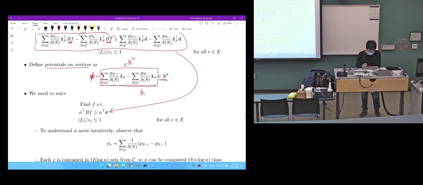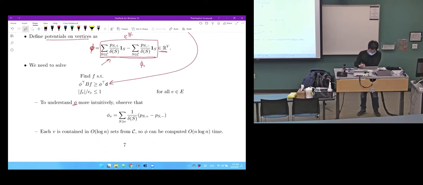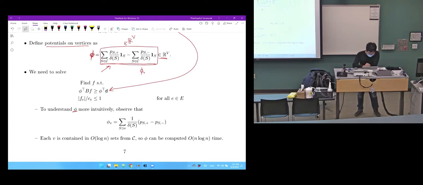So this syntactically really simplifies things, but let's try to understand a bit more about phi, what it means intuitively. Try to just interpret this a bit, right? I claim that phi of V, the V entry of phi, can be written just in this way. You just ask, what are the sets that contain V?